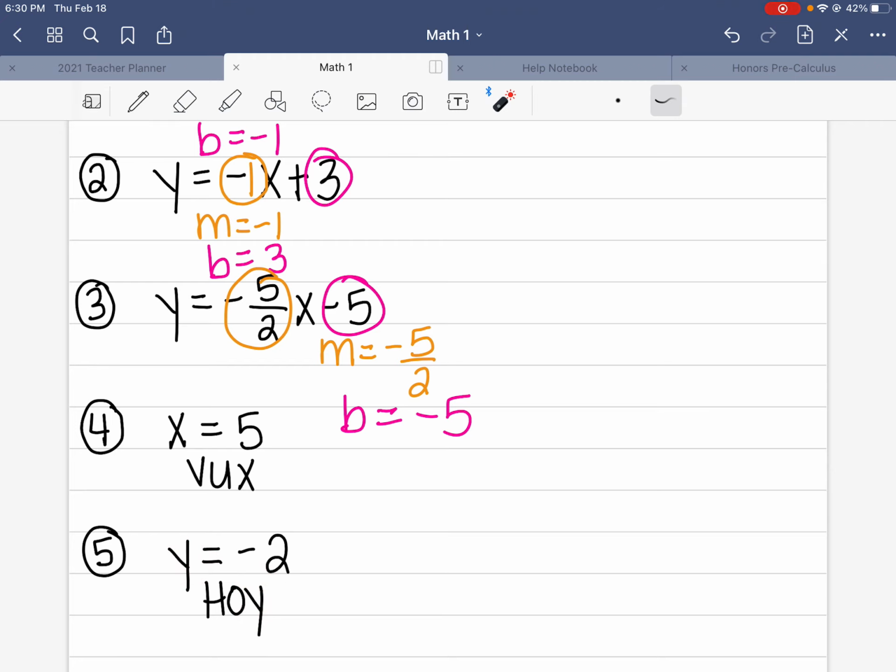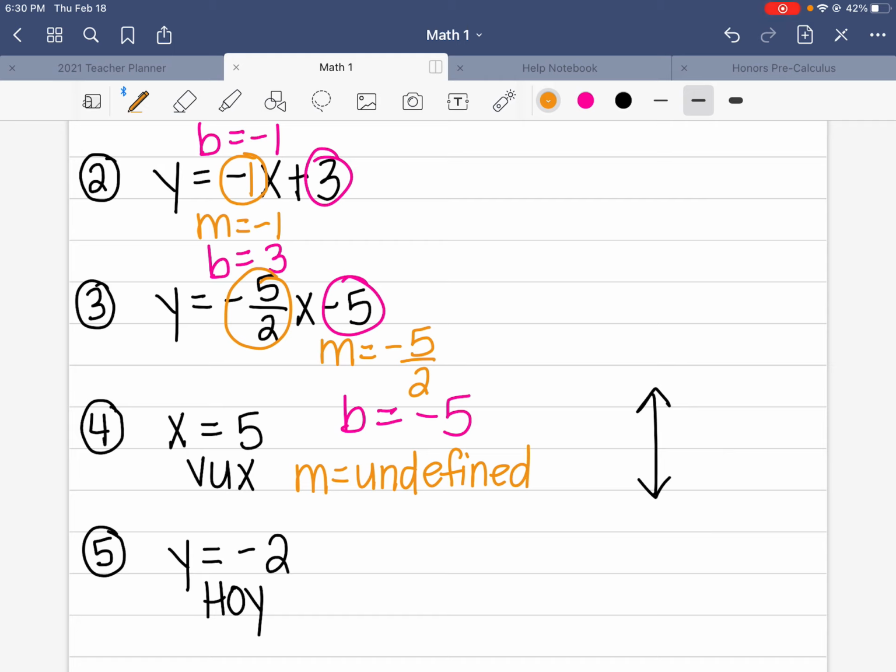When I think about a vertical line, how do I know I'm doing vertical? Because that's what V stands for. For my vertical line, I'm crossing the x-axis at 5.